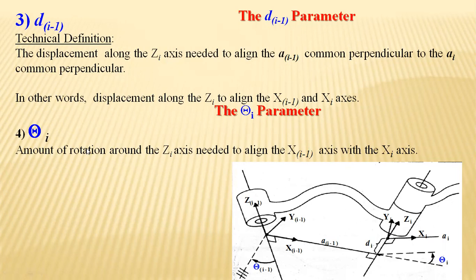And the fourth parameter is the amount of rotation around this z axis needed to align this xi minus 1 of the previous link, which is in contact with this link, with respect to the base xi axis.